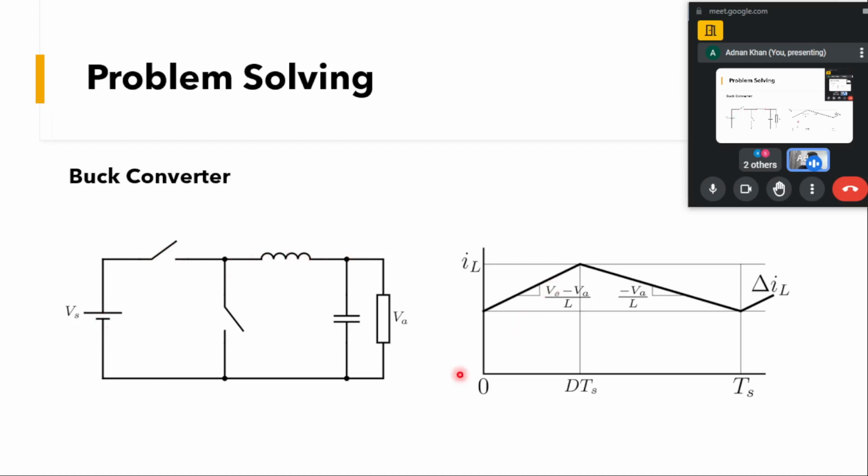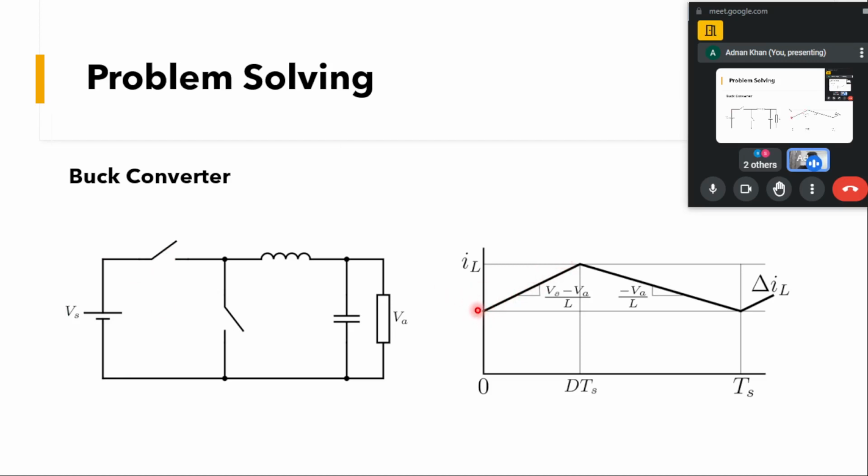Across this inductor, what voltage is impressed is, with this plus-minus polarity, Vs minus Vo divided by L, and the value of this is positive, so the current starts to rise from some minimum value, because this is in a steady state.